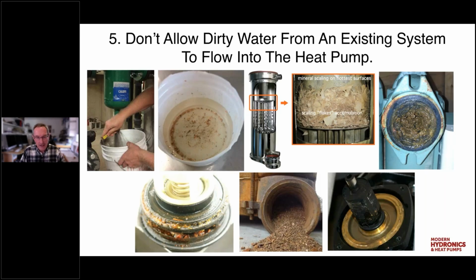This is a very fine particulate that's basically an oxide that forms on the iron in the system. And you can see that magnet attracts it, and that'll actually cause a rotor to stick. Those ECM motors have a pretty high starting torque relative to standard circulators, but in this case, they were unable to break that free.